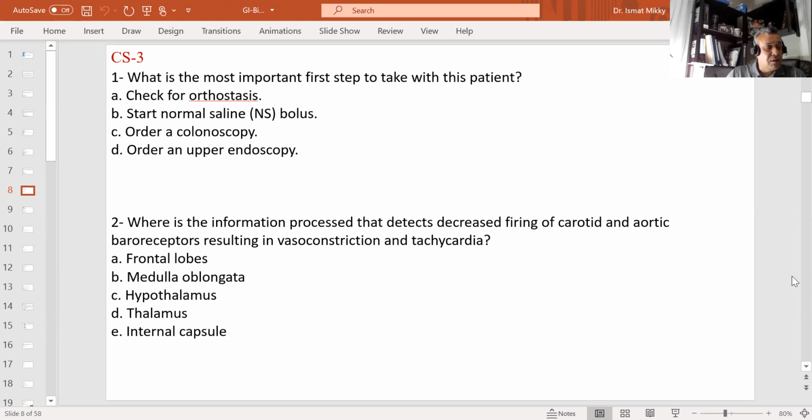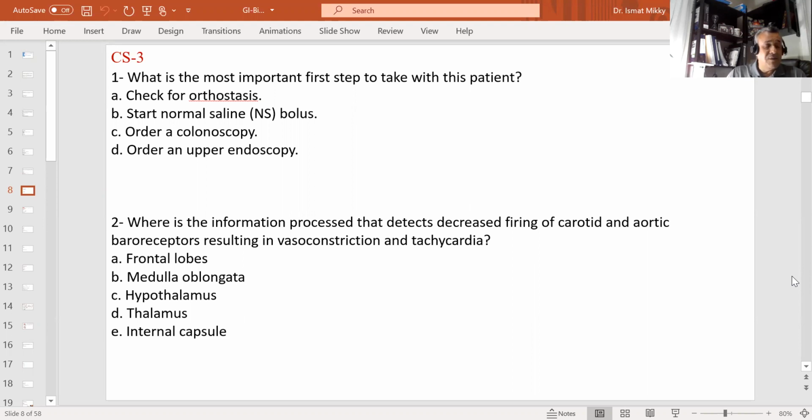Now, when we see orthostasis, we have to check the blood pressure and pulse when the patient is laying down, then sitting up or standing. You can do it either with 3 positions or at 2 different positions, sitting, standing, lying, standing, whatever possible. Sometimes it's very difficult for patients to stand up, so we can do lying, sitting, for example.